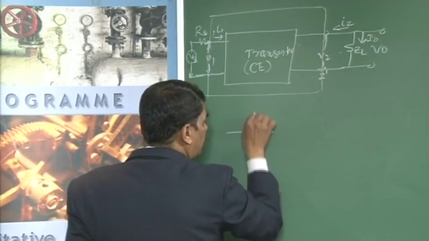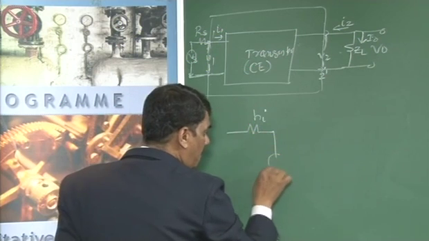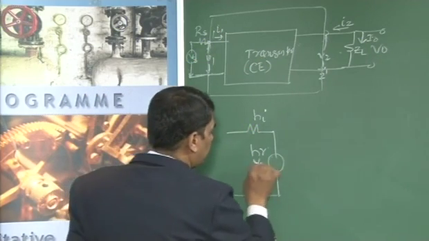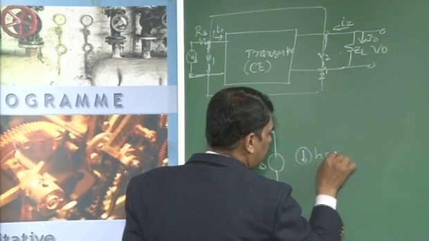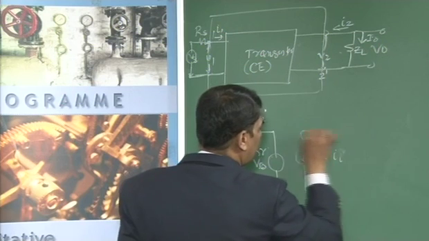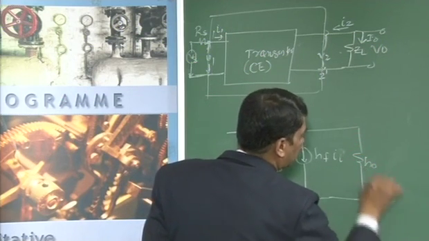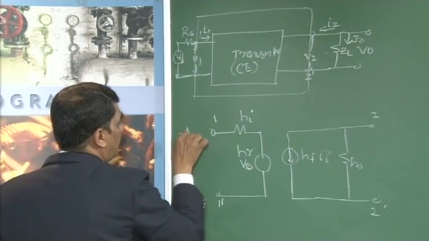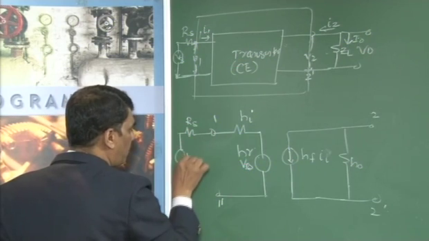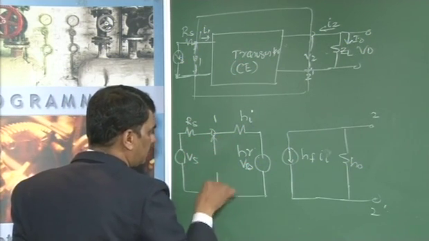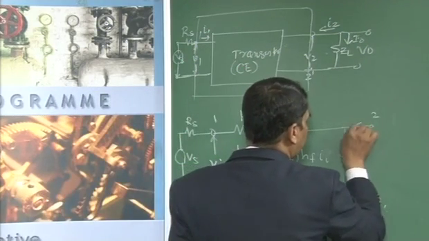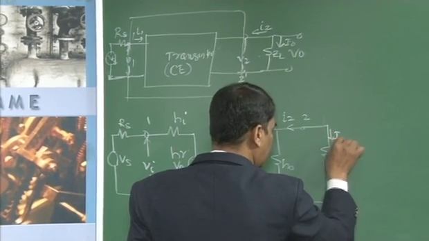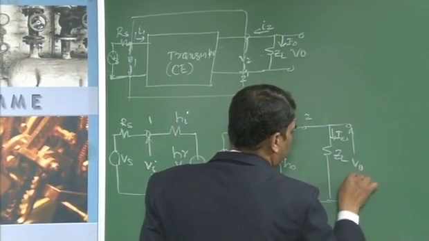In the general amplifier, on the input side there is a resistance Hi, and then Hr times V2 or V0, and on the other side there is Hf times I1, the current, and then the resistance H0. The input is applied across terminals 1 dash with its source resistance Rs taken into account, and the voltage is Vs. The voltage at this point is Vi, the current flowing through this network is I2, the output impedance is ZL, the current flowing is I0, and the voltage across this is V0.